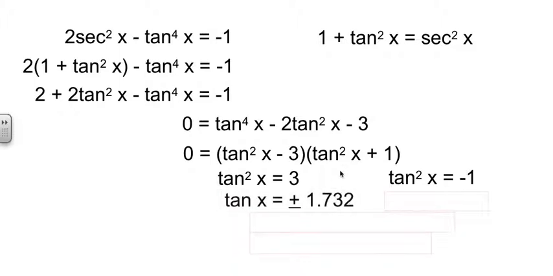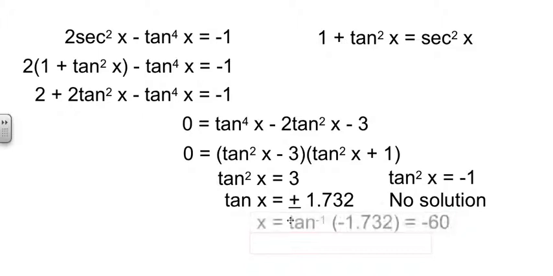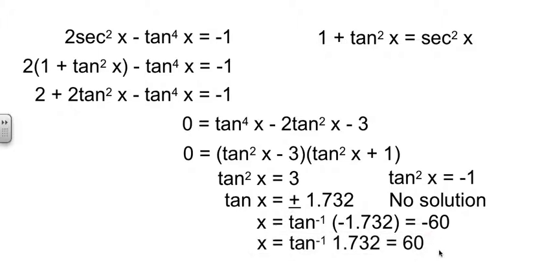When I take the square root, I get positive and negative 1.732. Again, I've more numbers here, but I chopped it off. If I take the square root of this one, I get no solution. So this half of the problem is done. Okay. Now we're going to take inverse tangent of the negative case and inverse tangent of the positive case.